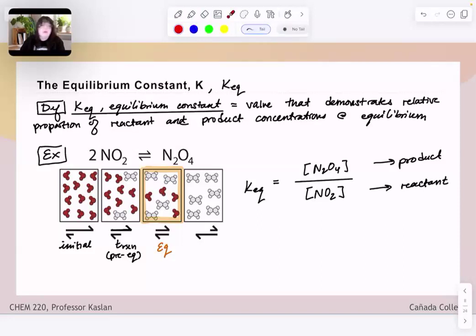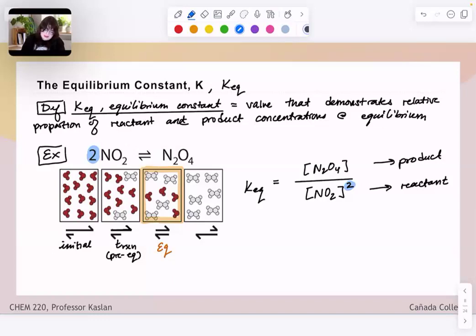And if you notice, this reaction is not a one-to-one, and we need to account for that when we craft an equilibrium constant expression. So to show that because we're reacting two NO2s to create one N2O4, we need to square this concentration term for that particular substance.